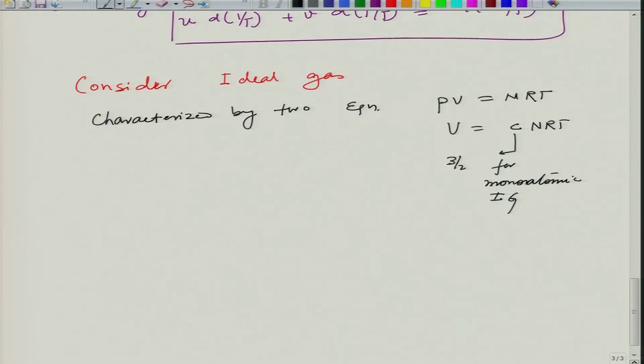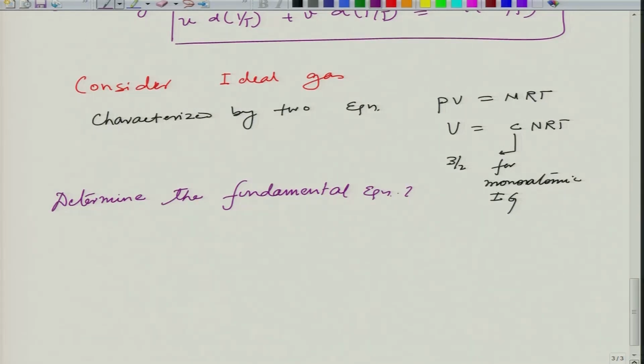Now, the question which we are interested in is to determine the fundamental equation, where in this case the u is explicitly expressed. So, we need to use this expression to obtain the fundamental equations. So, let us try to do this exercise.